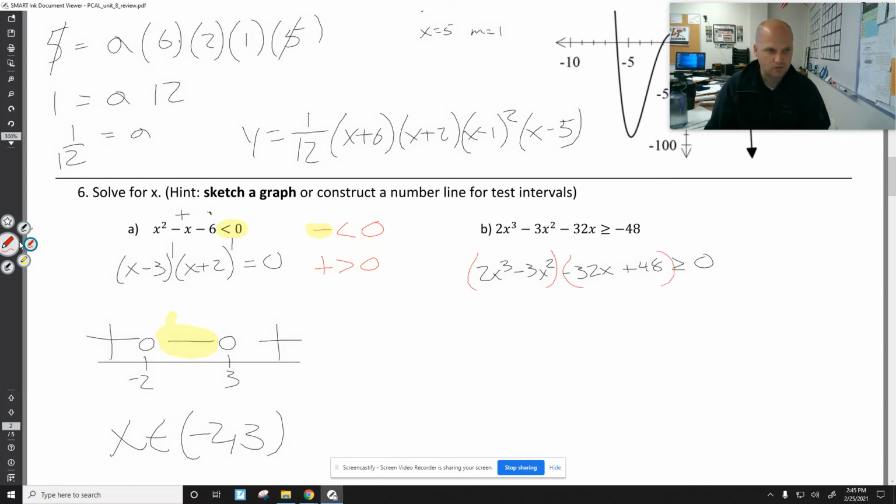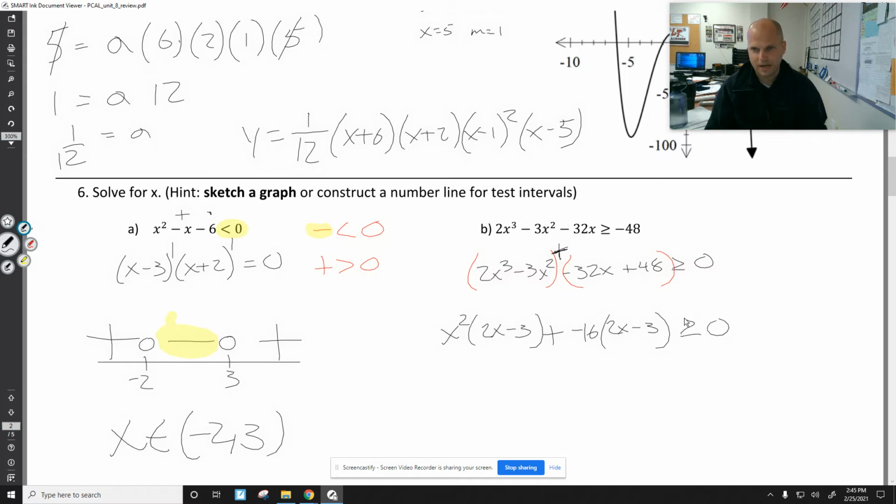We've got 2 groups of 2 separated by addition. The first group, what can I factor out? An x squared from both of those. I have 2x minus 3. The second group, what can I factor out? Well, I want to get positive 2x minus 3. A negative 16 works out because negative 16 can go into 32 and 48. You get that positive 2x minus 3.